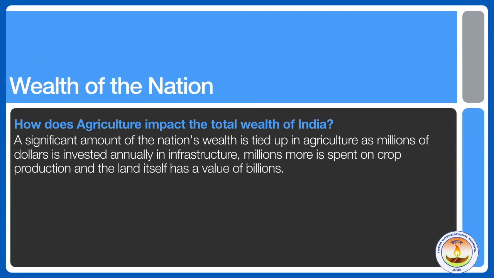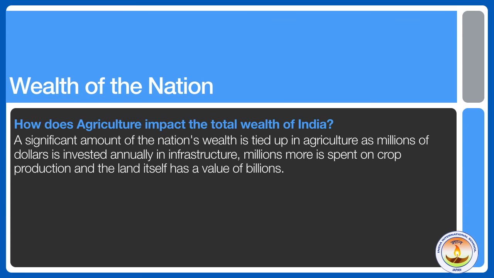Now, the last aspect here is the wealth of the nation. Well, a significant amount of wealth for India is dependent on the agricultural sector. In 1950-51, 51% of GDP was directly from agriculture. Today, it is 14.2%, as we mentioned in the first slide. But that 14.2% translates into millions and millions of dollars, quite likely billions of dollars.